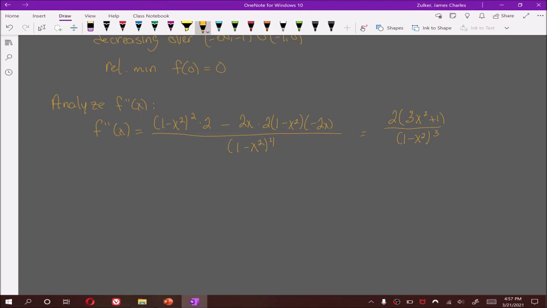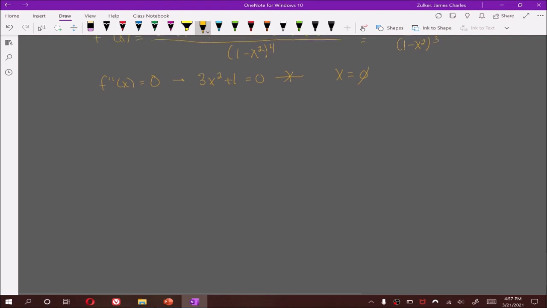Once again, this is defined over the domain of f, so all we have to do is set it equal to 0, which means that 3x squared plus 1 is equal to 0, which cannot happen, and so we find no solution.